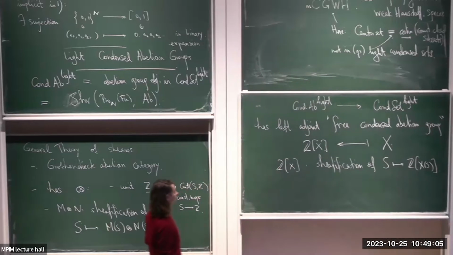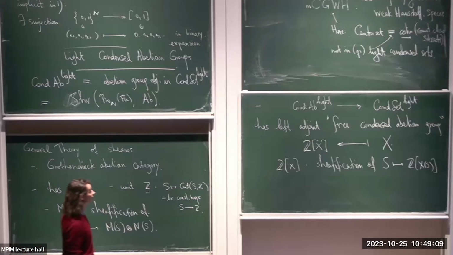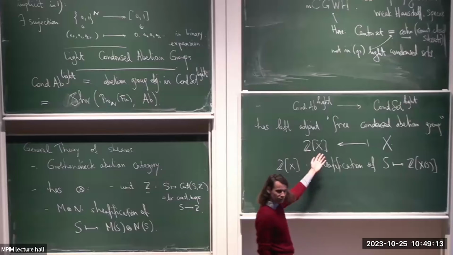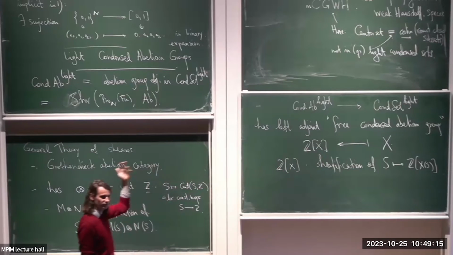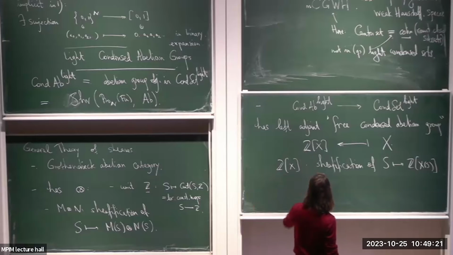So this is already some structure that at least you don't often think about in topological abelian groups. You don't really often take the free group on a topological space. Here it exists and it's actually a completely fundamental structure.